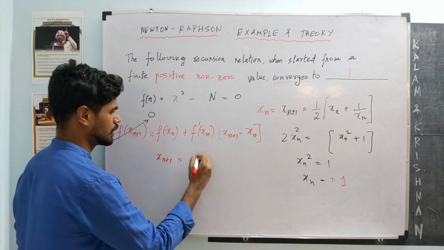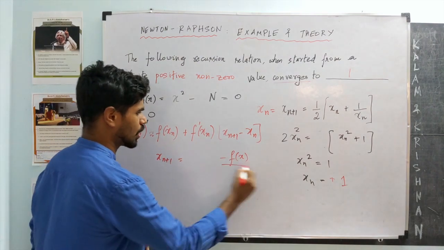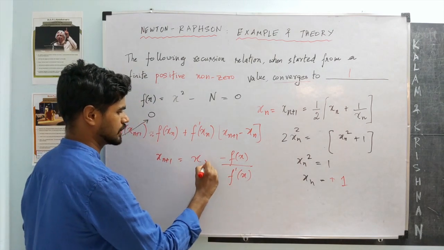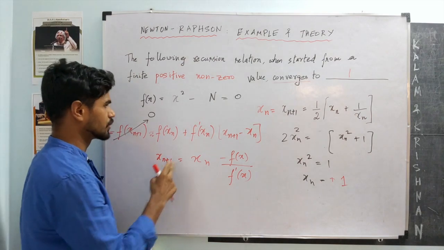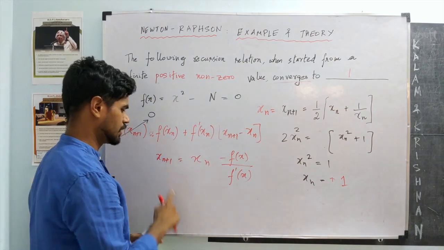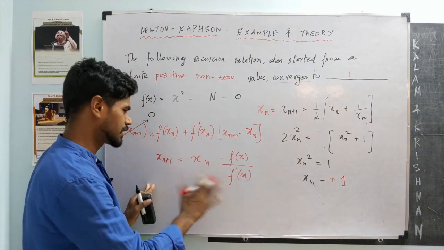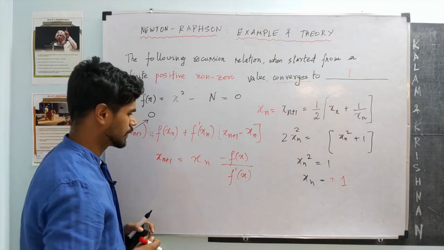This will be minus f of x by f dash of x plus xn. So given any function f of x, when we are trying to find where f of x is 0, do this iteration. It will converge under many conditions and it will converge pretty fast. That's why it's very useful.